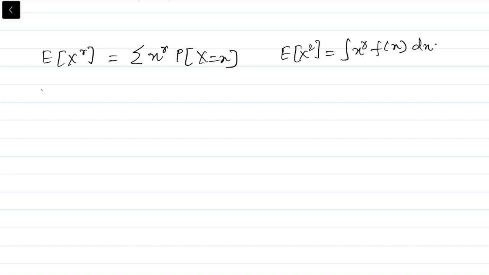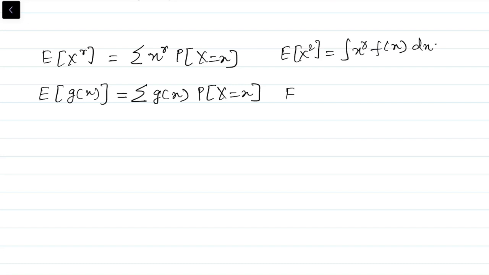Not just this, if we have a function inside the bracket of expectation, then we'll replace x with the function, okay, and then the probability. Similarly, in continuous random variable, x will be replaced by the function and then PDF and dx. Okay, here will be the limit of x.